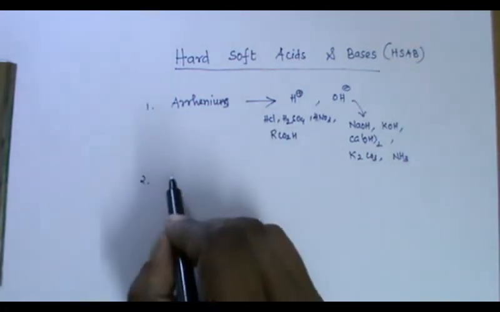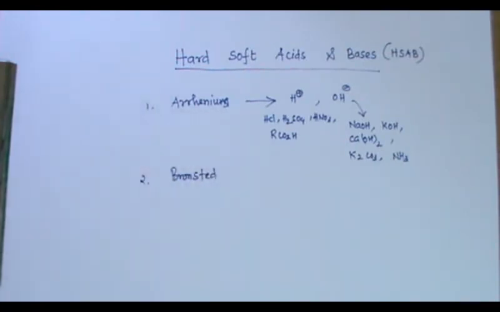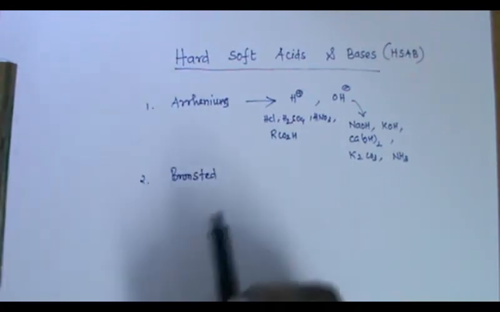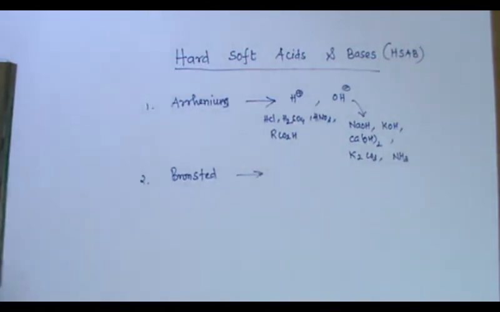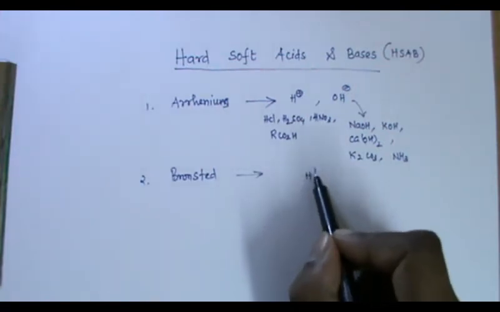The second one is the Bronsted acid base concept. It is somewhat more general than Arrhenius. According to Bronsted, an acid is a substance which donates H plus.